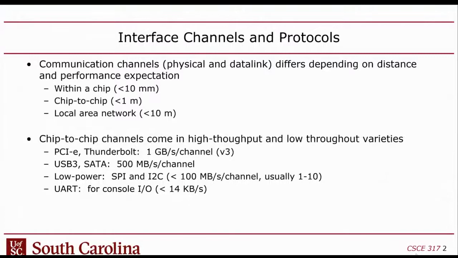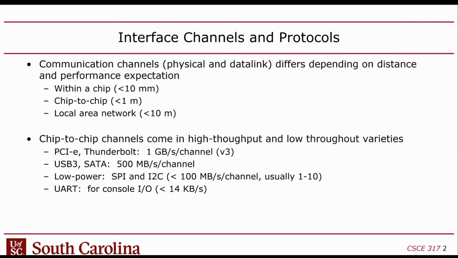Okay, so let's switch topics again and talk about interface channels and protocols. Communication channels, by which I mean the physical and the data link, meaning that you have different types of channels in terms of how bits are conveyed.